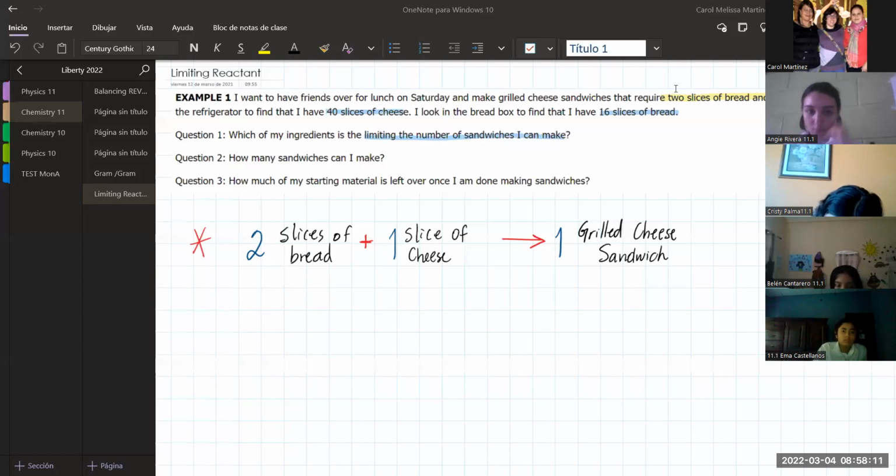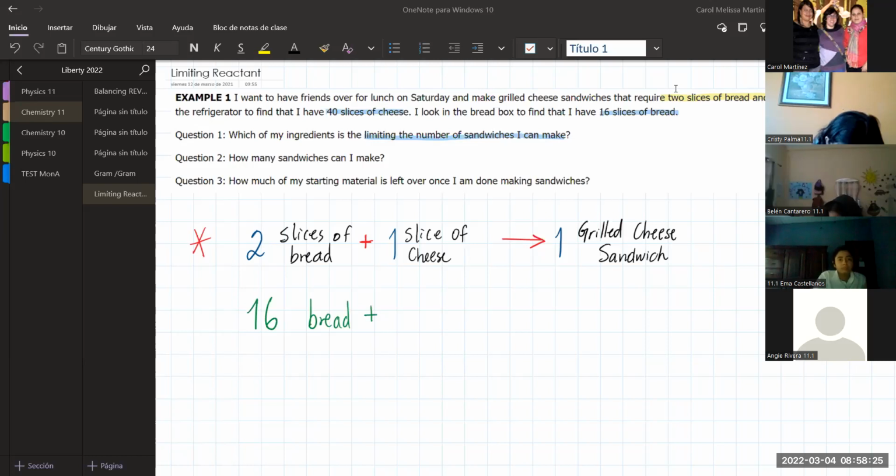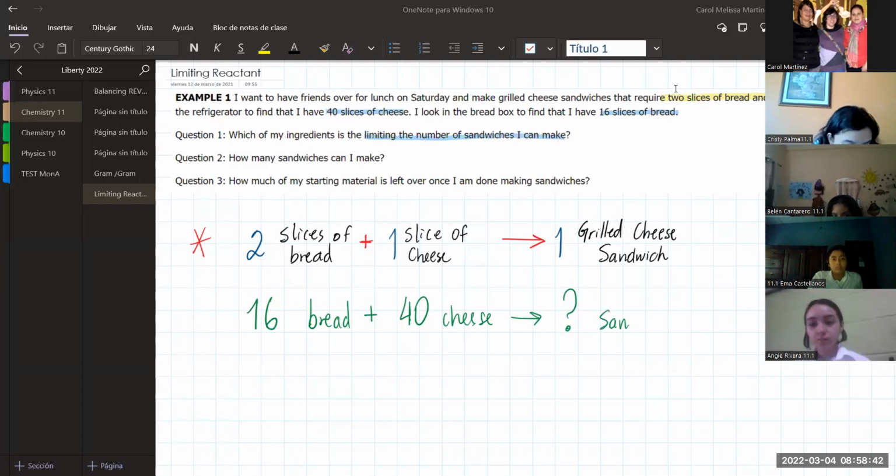I'm going to write my equation. How many slices of bread do I have? 16. How much cheese do I have? 40.